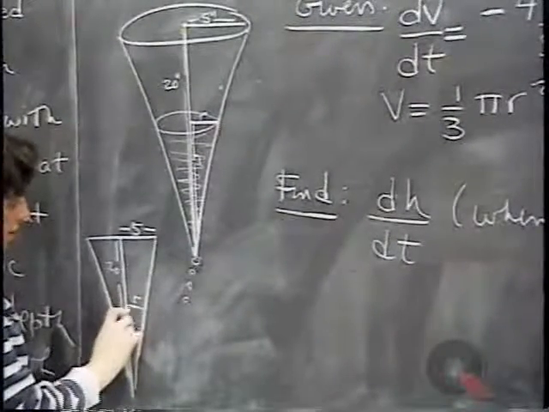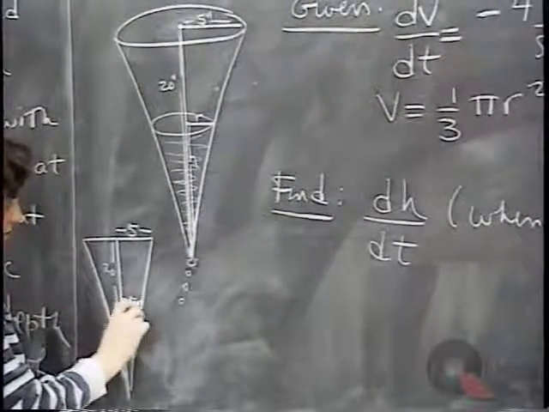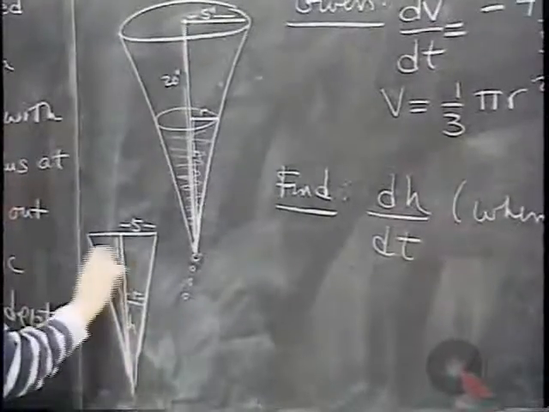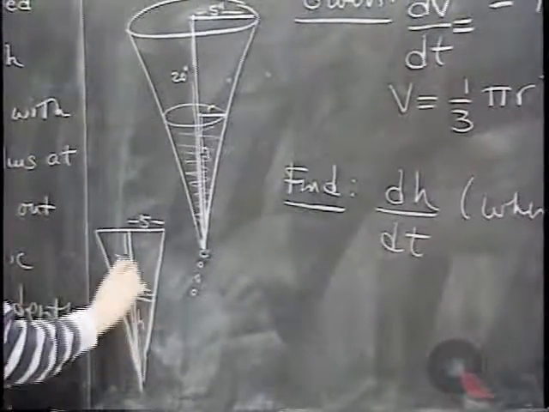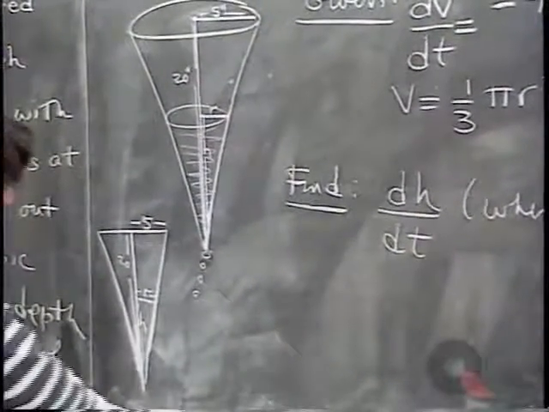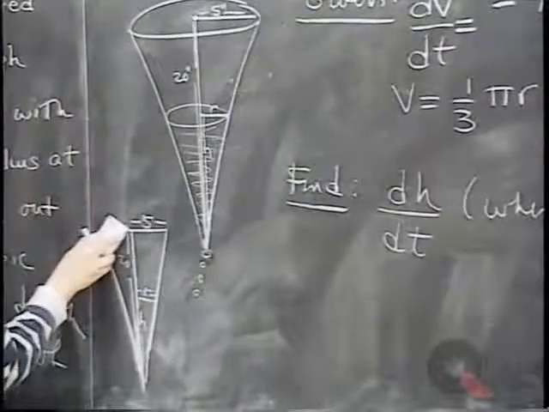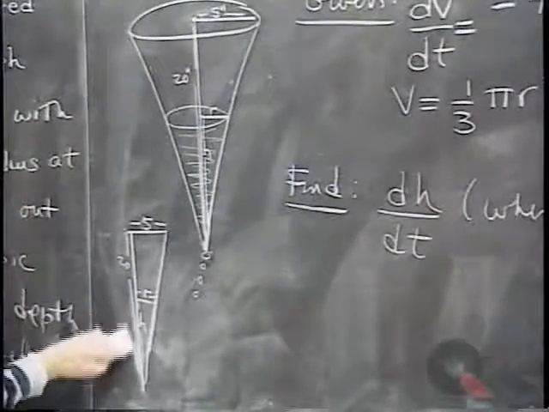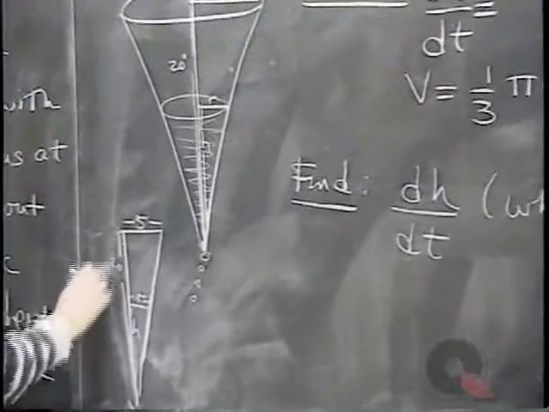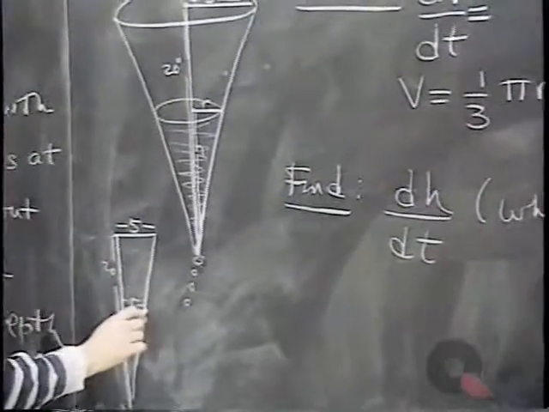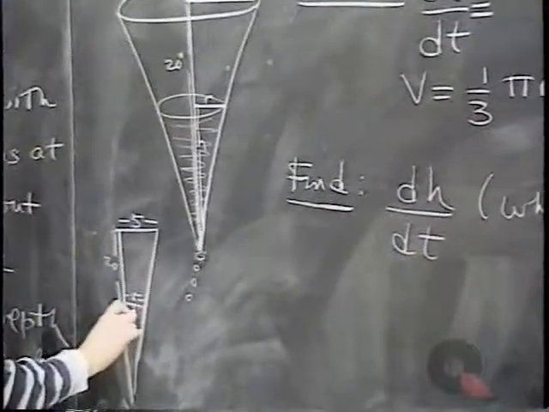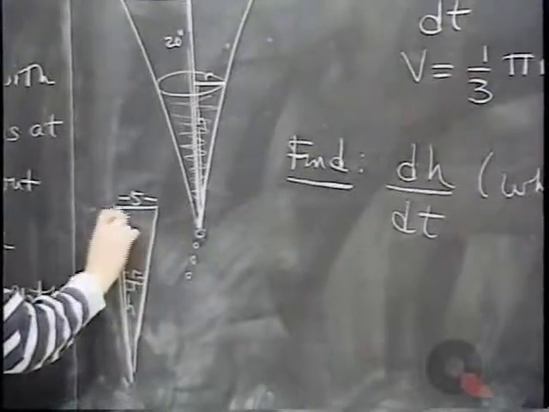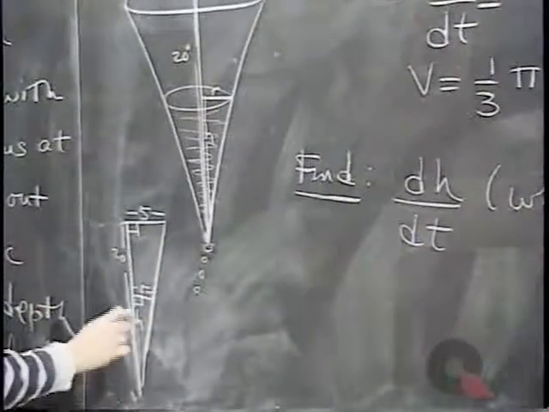This is R, and this is H. What we're looking at is two similar triangles. Let's just look at the right side here. We have the smaller right triangle, and we have the bigger right triangle.